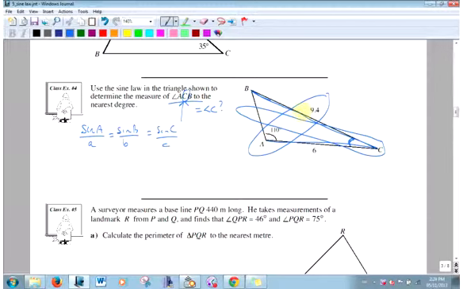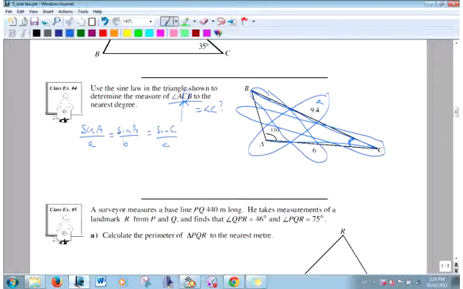I know A, and that must be little a because it's opposite angle A. But B, I know the side for B. I don't know angle B. So that's your three ratios in visual form, if you circle them like that.